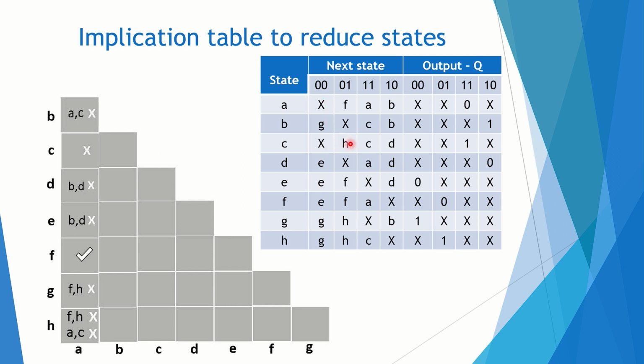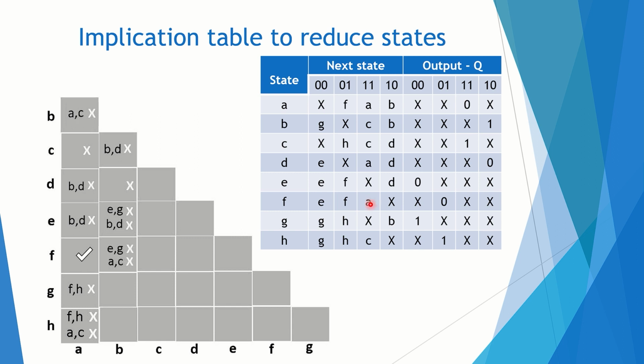Let us see BC. BC again BD is not equivalent. Then BD, you can see it is not equivalent. Then BE, you can see again not equivalent. BF, see here AC is EG and AC, it is not equivalent.